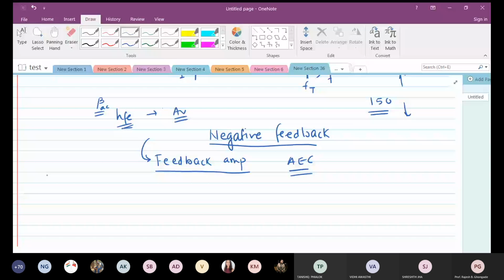We'll see the concept in the next lecture, but for the time being, just look at the number of steps that we have used for the design of the single stage amplifier. And we have also verified that our paper design does really work in simulation.